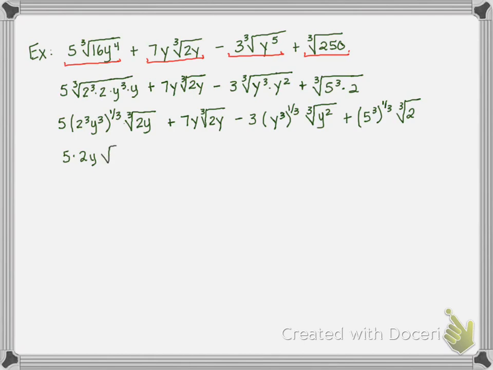So times the cube root of 2y plus 7y times the cube root of 2y minus 3y times the cube root of y squared plus 5 times the cube root of 2.